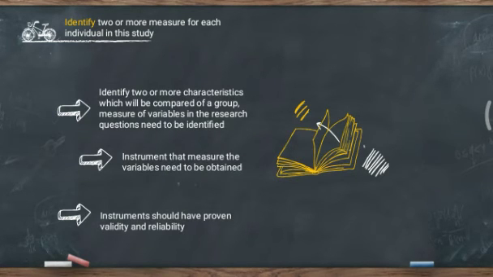And what about identifying 2 or more measures for each individual in the study? It is identifying 2 or more characteristics which will be compared for a group. The measure of each variable in the research question needs to be identified. An instrument that measures the variables needs to be obtained. An instrument should have proven validity and reliability.